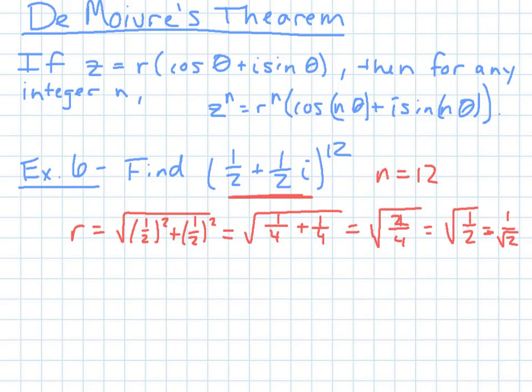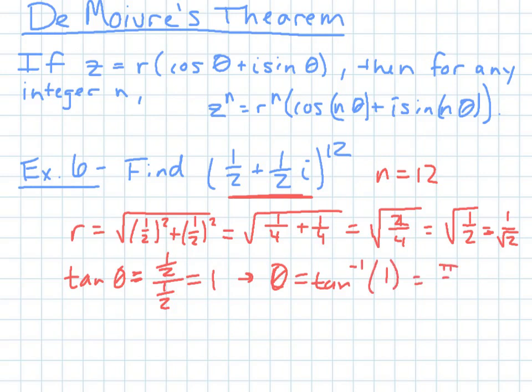And then I would like to find my argument, or my angle. So I take my b divided by my a, which would give me 1. So the inverse tangent of 1 would be pi over 4.